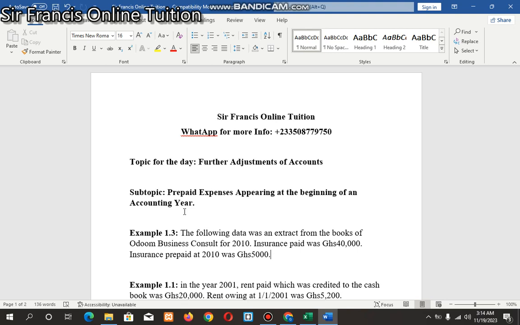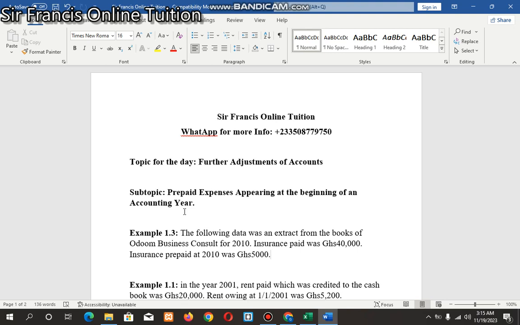Now, when you say prepaid expenses, you are referring to an expense whose benefit is yet to be consumed, but payment has been made for it. So we are yet to benefit from that expense, but due to one or two reasons, we've made payment for it. Whenever you hear prepaid expenses in accounting, we are referring to an expense whose payment has been made, but the benefit is yet to be consumed.